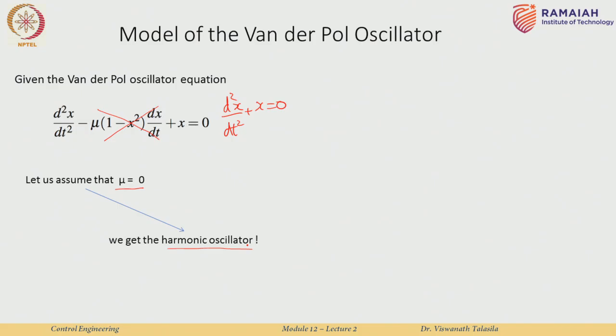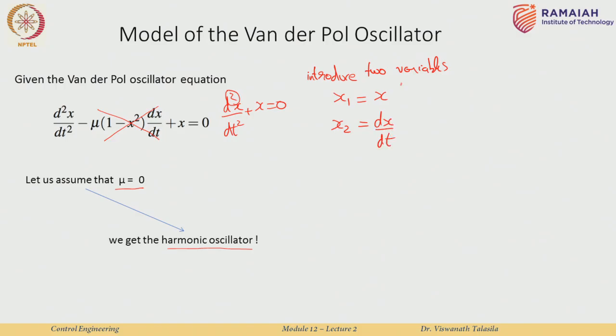So let us model this as a state space system. What we are going to do is introduce two variables, as we did before as well. It is a second order system. We will call the first one x1, and I will just denote that to be x itself. We will call the second x2, and we will call it dx by dt.